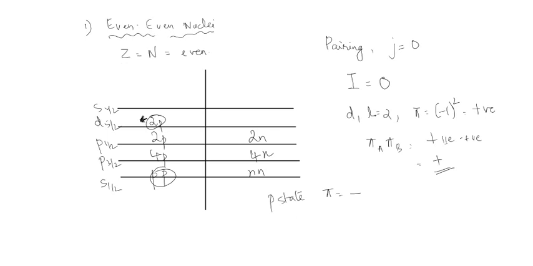I will always have an even number of nucleons in even nuclei. So the product of parities will definitely be positive because I will have an even number of negative signs, and the product of an even number of negative signs will give me a positive parity. So for all even nuclei, the ground states of nuclei will be 0 plus.